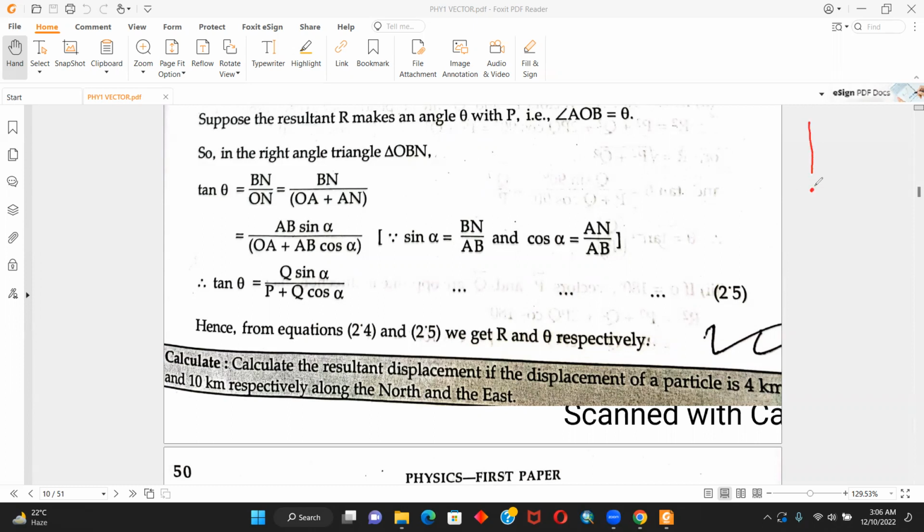So, along the north, you will have 4 kilometers, and along the east you will have 10 kilometers, right? So obviously you understand that the displacement would somewhat occur in this direction. Okay, so now what is the angle between these two? 90 degrees, right?